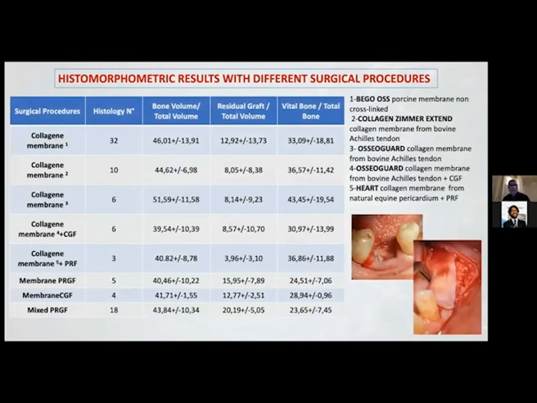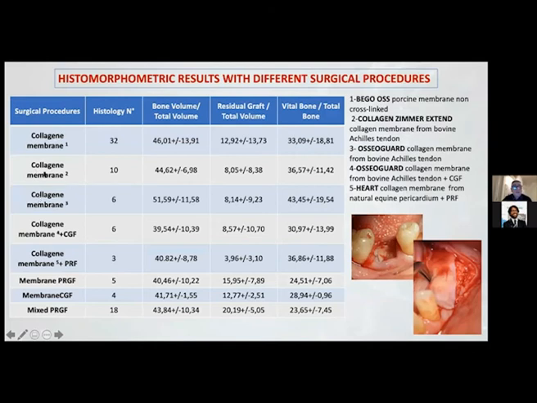This is a very interesting analysis, present inside the book, because we analyzed the different histomorphometrical results between different types of surgical procedures. For example, we use a normal collagen membrane in the first case, second case, and third case.